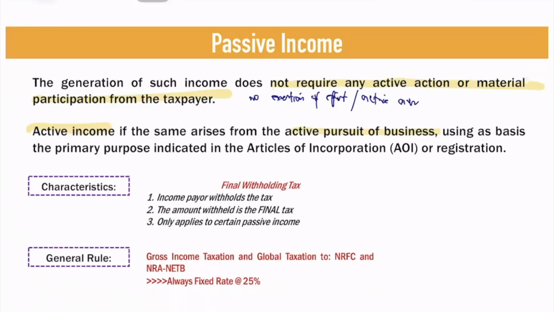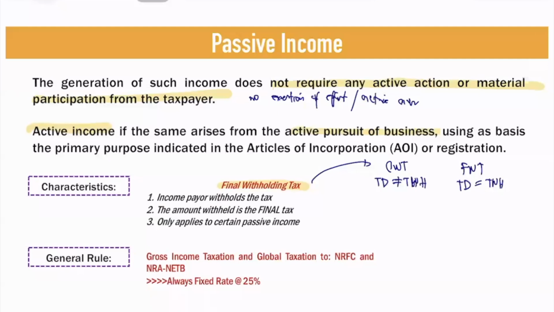So we said your passive income is subject to final withholding tax. And you already know the difference of a creditable withholding tax and a final withholding tax. In a creditable withholding tax, the tax due is not equal to your tax withheld. While in your final withholding tax, the tax due is equal to your tax withheld.